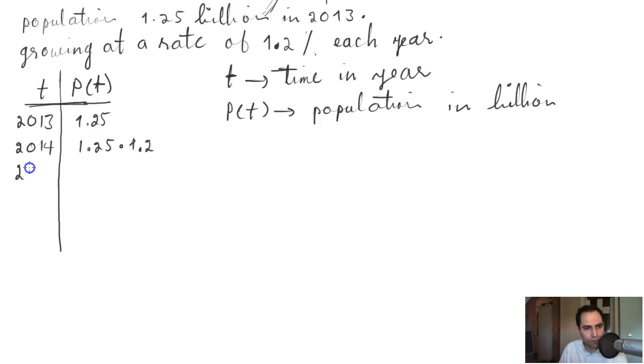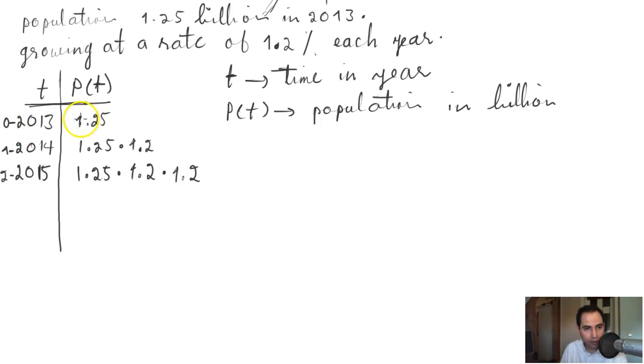Or in 2015, the population that we already had the previous year, in the beginning of this time interval, was 1.25 times 1.2, and then this population is growing at the rate of 1.2%, so it's again times 1.2. And so basically I can take this as, for example, t is equal to 0, 1, 2, or 3.